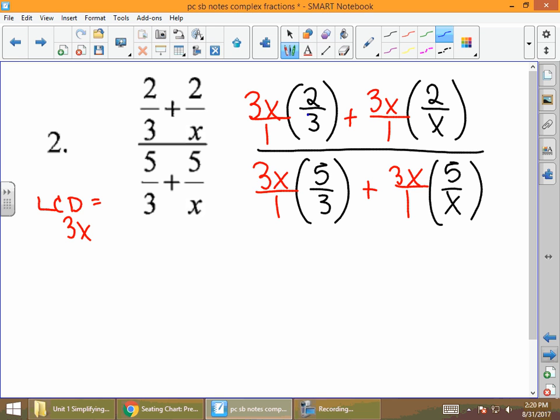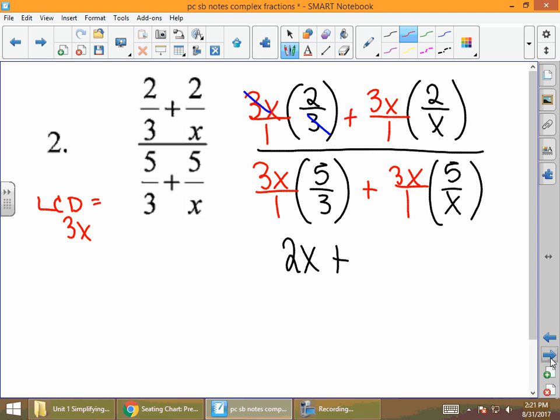Well, we have a 3 on the bottom and a 3 on the top. And when we cancel those two out, we're left with x times 2. And then 1 times 1. 3 divided by 3 is 1. Do we need to write the 1 on the bottom? No. So we go to the next term here.